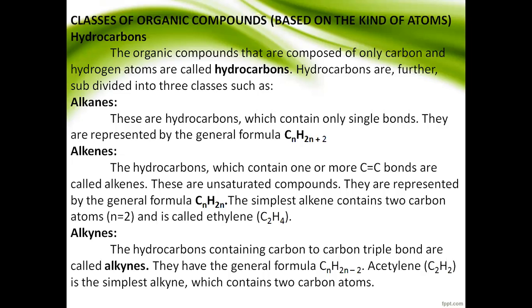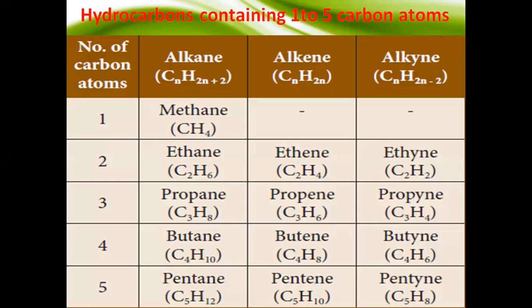The alkynes family contains 2 carbon atoms. So these are the hydrocarbons and their types. Okay. So these are the alkane, alkene, alkyne.